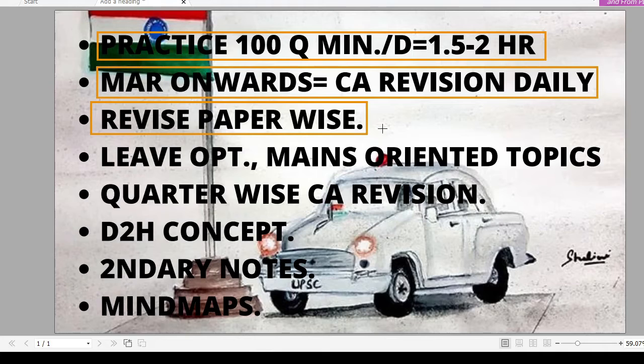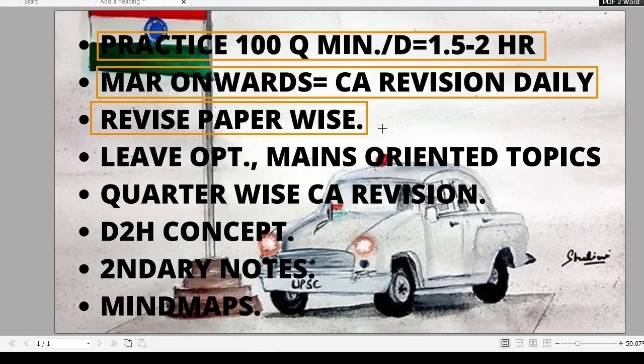Okay. So it should be a great strategy to revise paper wise, because UPSC has framed it paper wise. When we practice questions, and when we do questions for the mains also, paper-wise revision helps us organize the syllabus and materials easily. And it should be a great strategy if we revise paper wise.